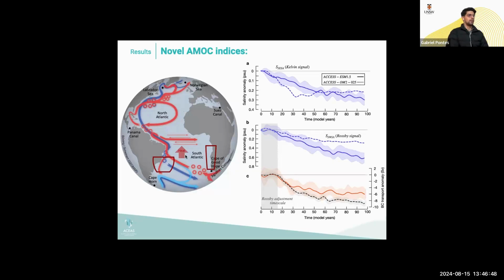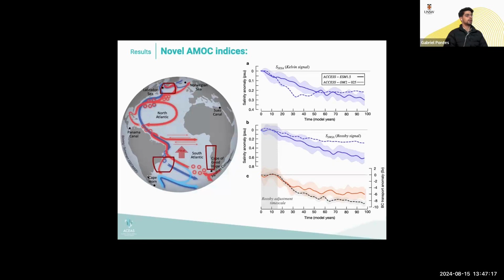So we have developed those salinity indices, and we could also add another one that I'll show in the next slide, which is an SST-based index. It is going to be the difference in the change in sea surface temperature in the subpolar gyre, very similar to the index that was previously proposed.